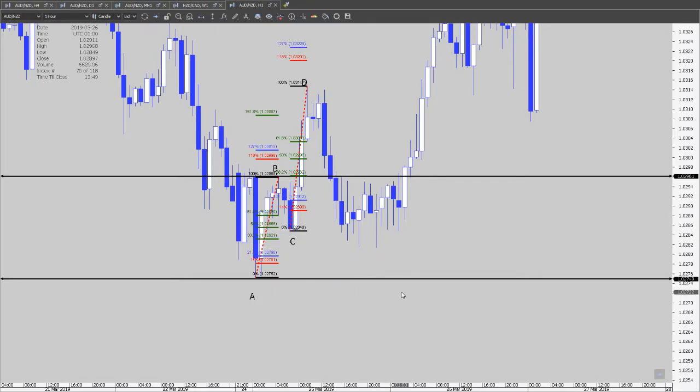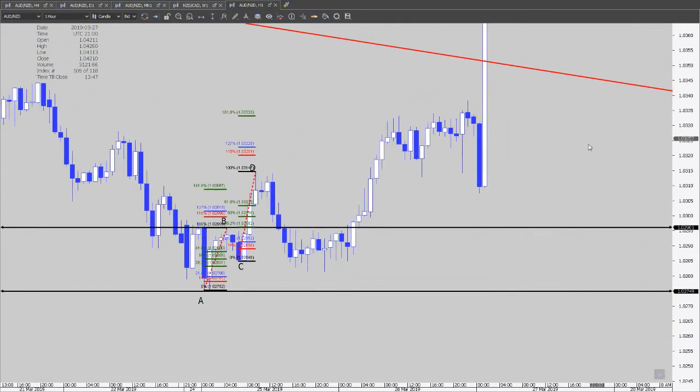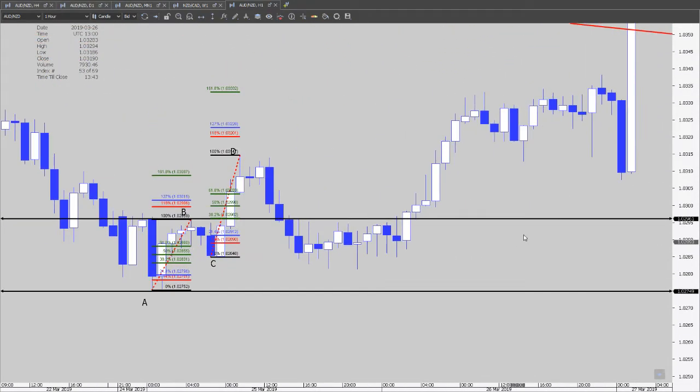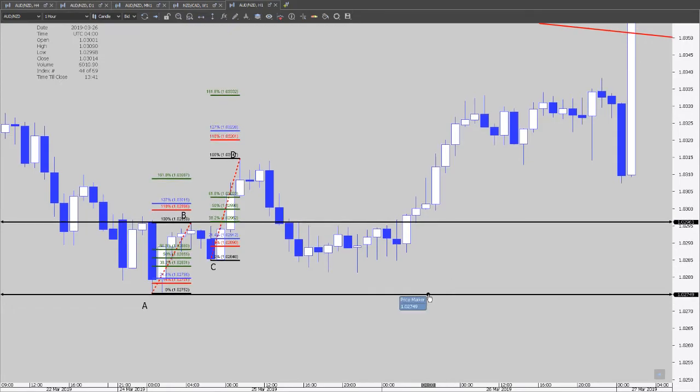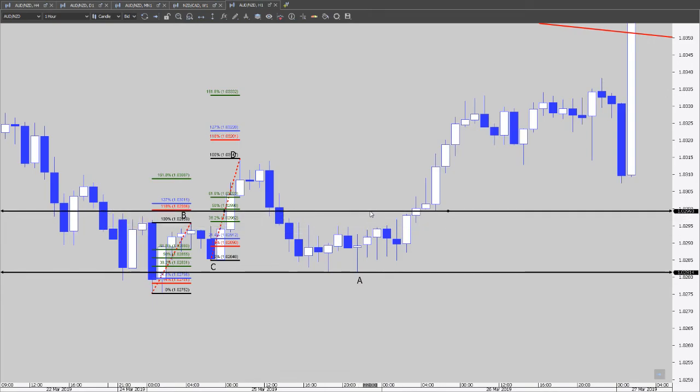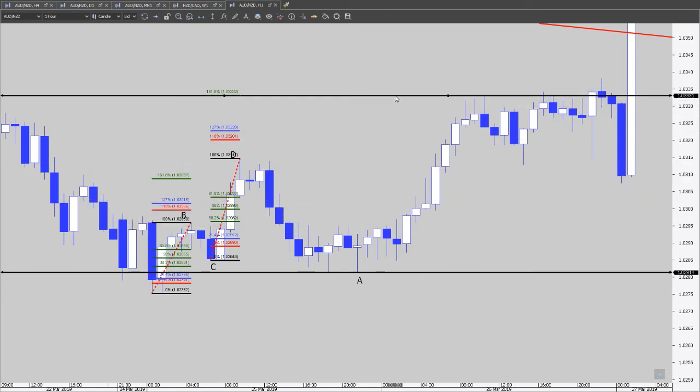So we are going to start again because we see that we are in an uptrend, right? So this is going to be our A. Why? Because this is the starting point, and our B is the first high as soon as possible. So this is going to be our B right now.